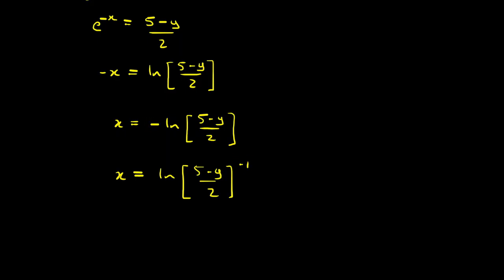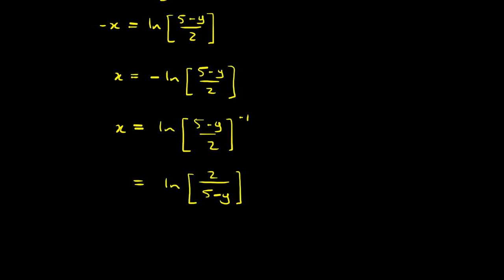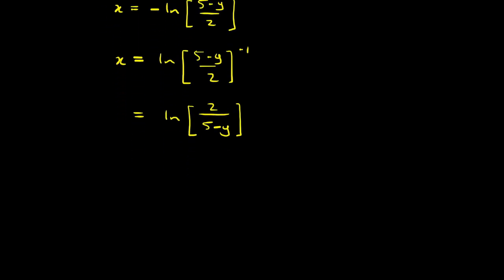And the power of negative 1 is the same as 1 divided by, so I could rewrite this as the natural log of 2 over (5 minus y). And if that's the case, then my inverse function, f inverse of x, I just replace the y with an x. So I get ln of 2 over (5 minus x). That's my inverse function there.